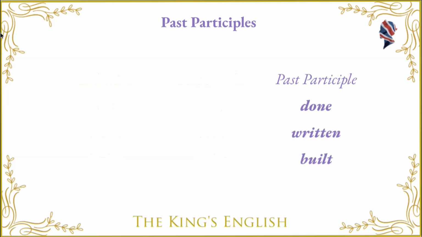So we use the 3rd column, past participle, for passive voice. The past participle we will see again in other videos. The important thing to remember is that the past participle for regular verbs is with ed at the end.